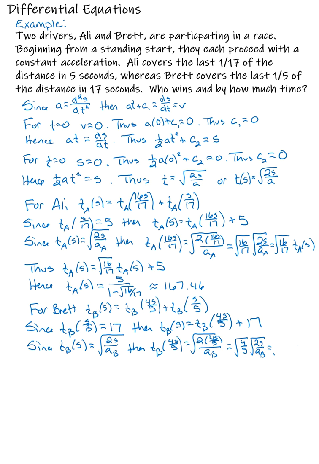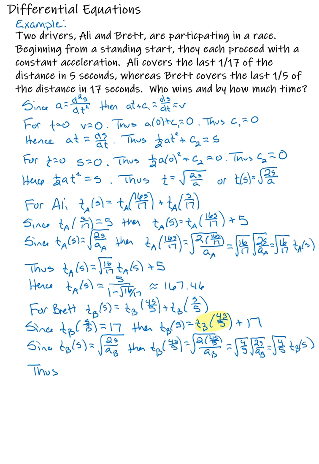So we get the square root of 4/5 times t sub b of s, and we are well on our way. Thus, again, rewriting this one right here, all I'm going to do is replace this bit with what we just found.